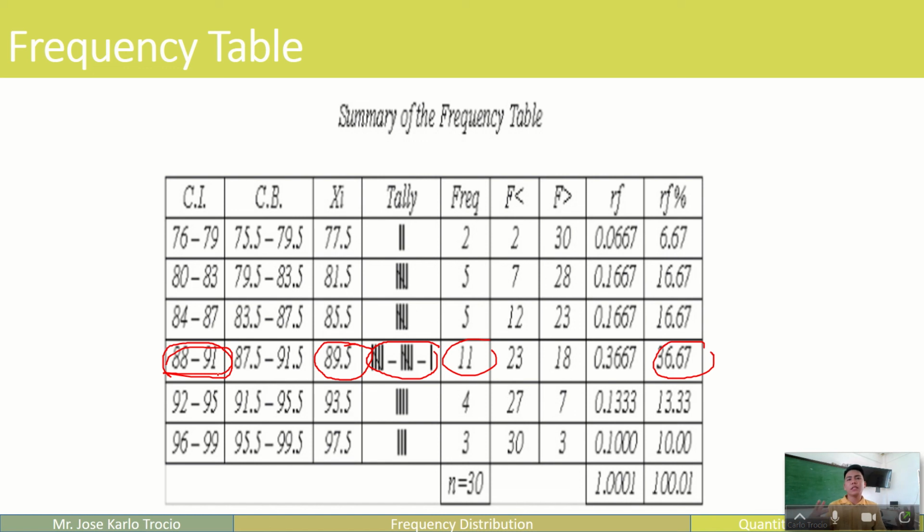Therefore, you can interpret that the average performance of the students in that particular test in statistics is 89.5 or in between 88 to 91. And we can say that most of the students are performing well.